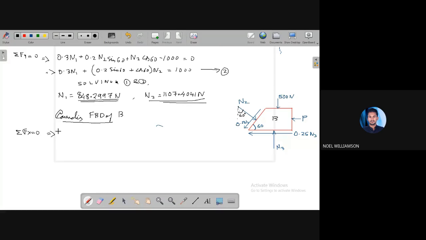So N2 sin 60 minus 0.2 N2 cos 30 cos 60 minus 0.25 N2 minus P equal to 0.